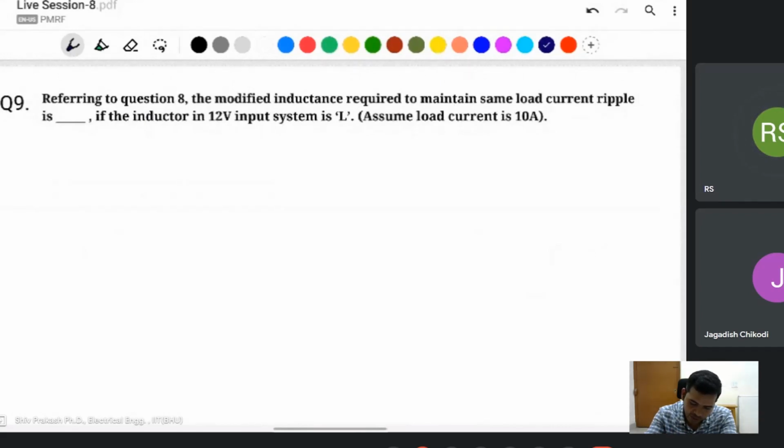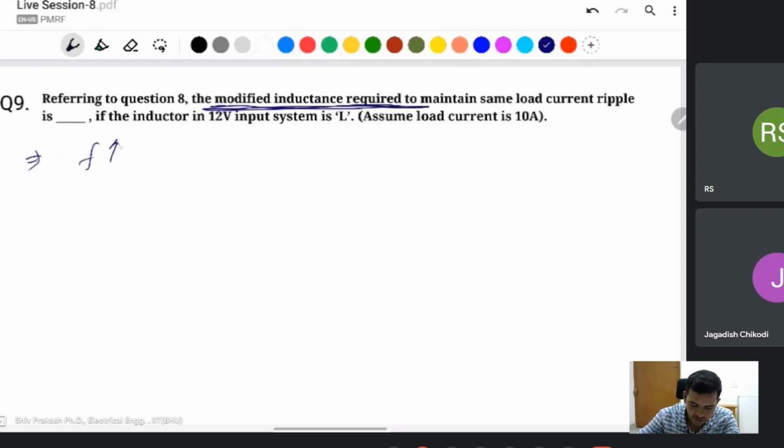The same question: the modified inductance required to maintain the same load current ripple if the system changes from a 12 volt to a 24 volt system. Starting at 12 volt, when you increase to 24 volt, he asks about the modification of inductance required.